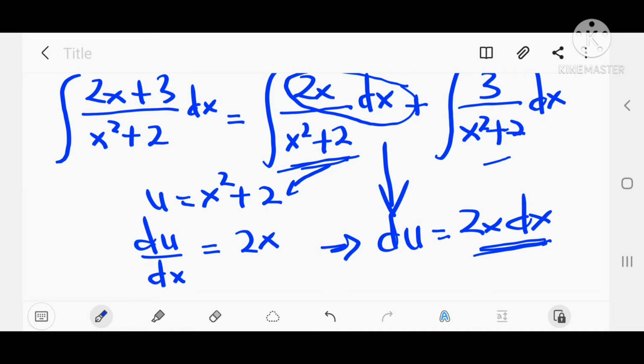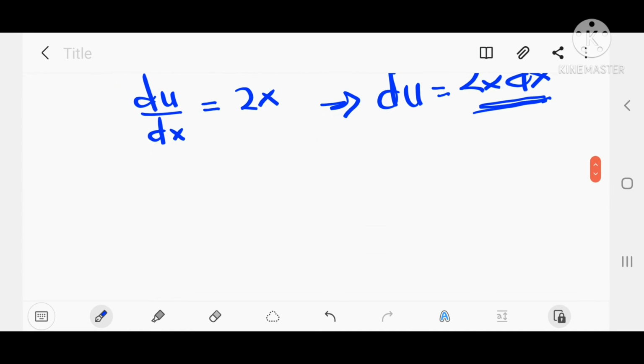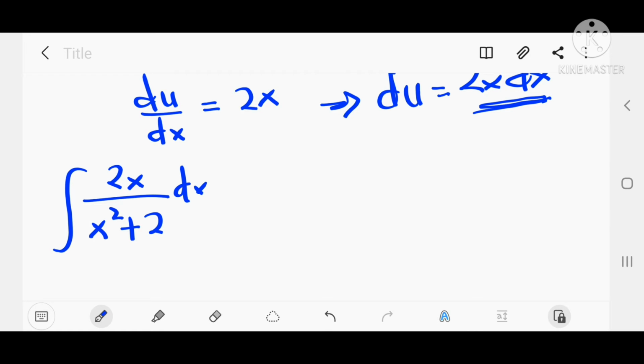So our integral of 2x on x squared plus 2 dx is equal to the integral of du on u.